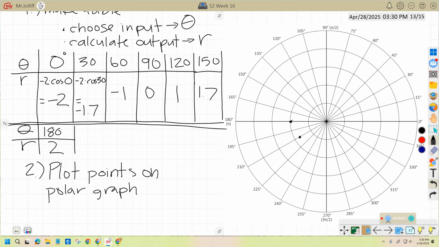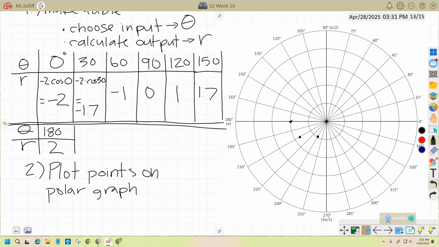Next one. I start at 60 degrees, so that's this guy, and I go back 1. So 60 degrees, follow it through the origin and go back 1, which is right there. Next one's less scary. 90 degrees, I'm at 0.